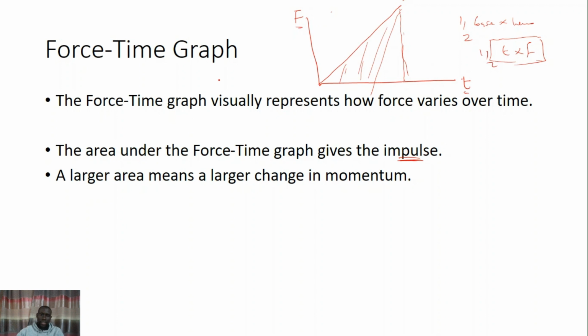That's the meaning of this statement. The larger the area, the larger the impulse, and also the larger the change in momentum, because we know that impulse is equal to change in momentum, when a force acts on the body.